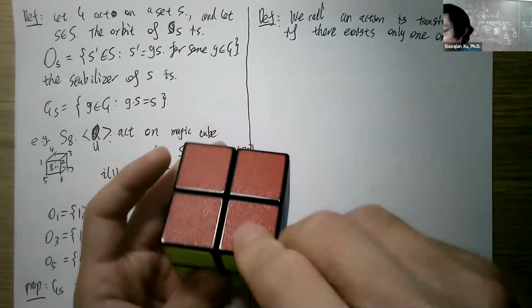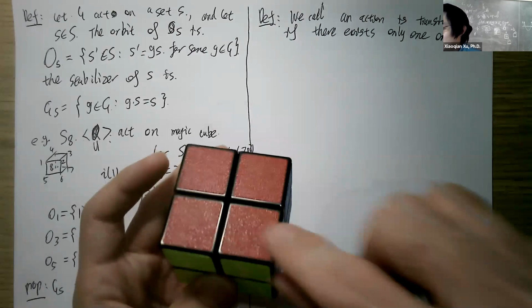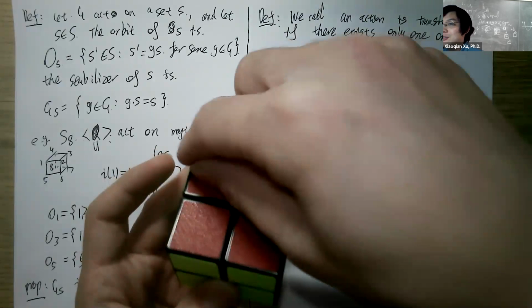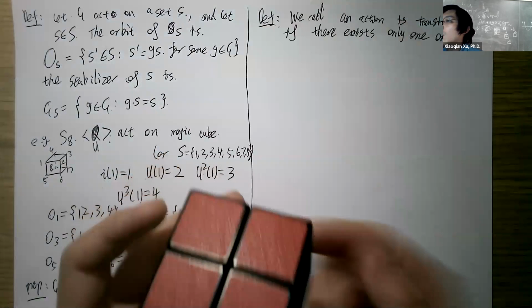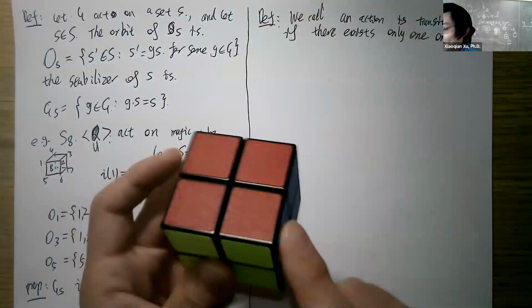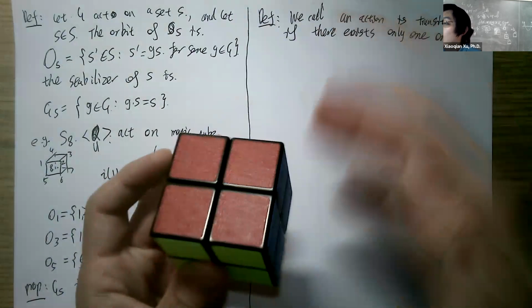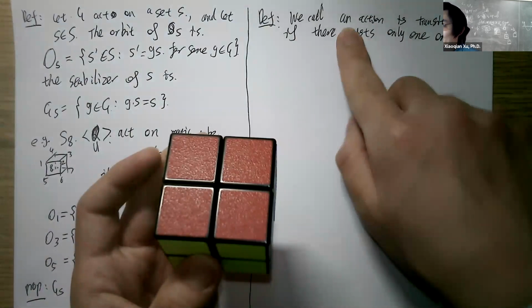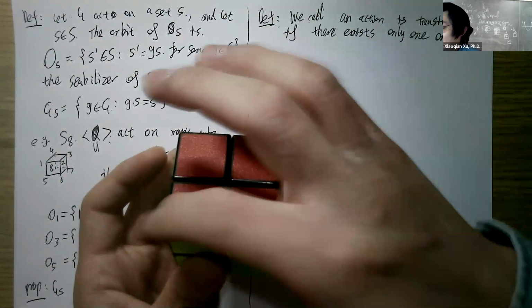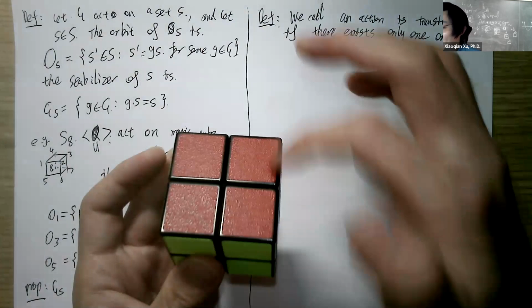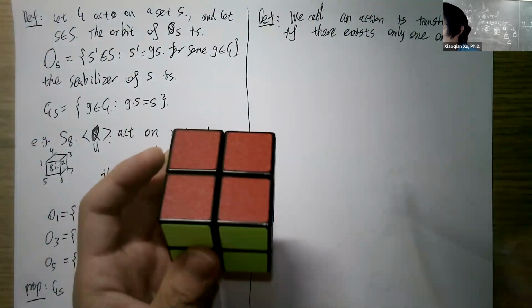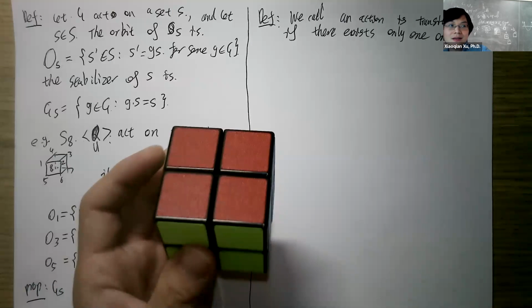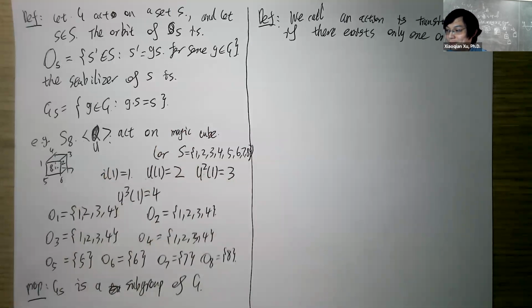It can change 2 to 1, or 2 to 3, or 2 to 4, 2 to 5, 2 to 6, 2 to 7, 2 to 8. If for any point on S you can always do that, then this action is a transitive action. Okay?